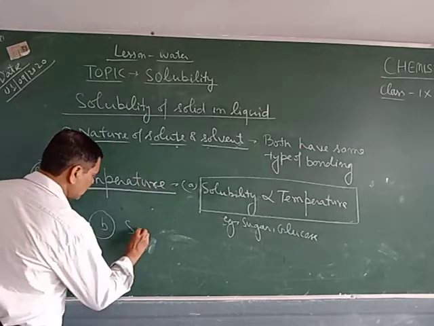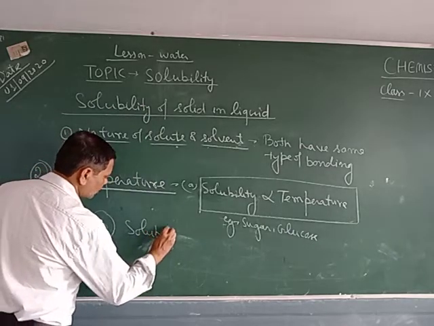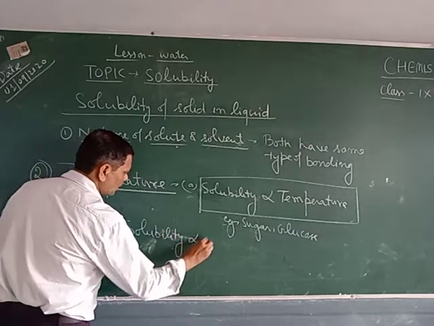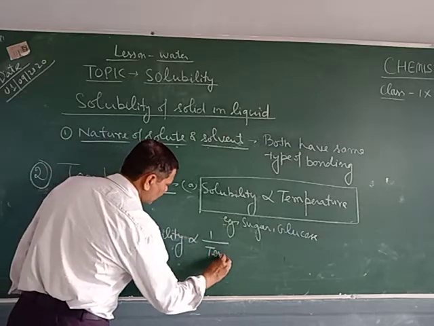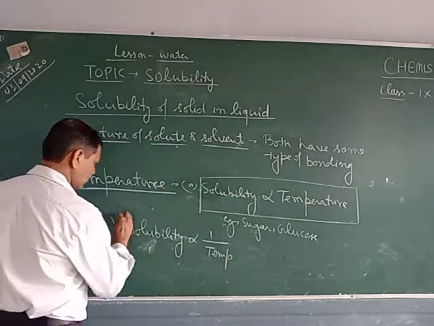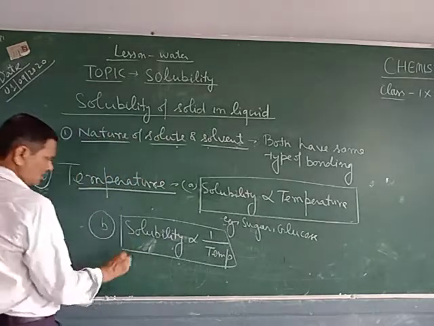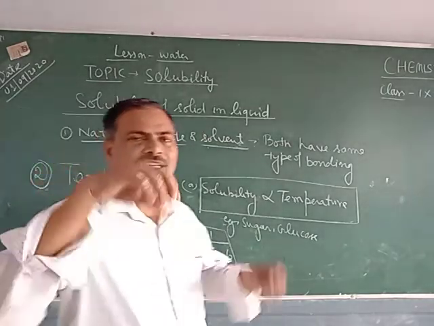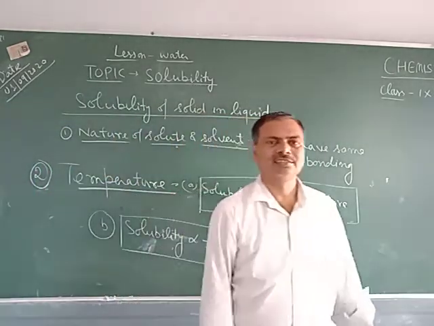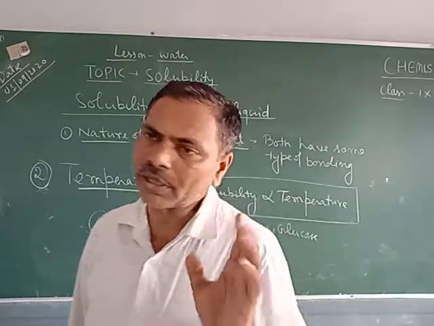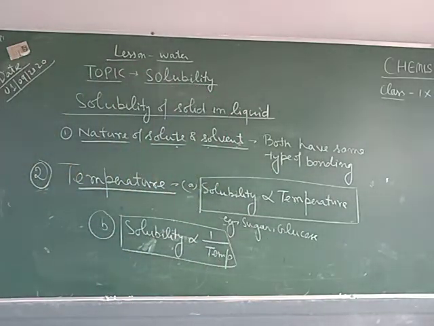In some substances, solubility is inversely proportional to temperature. When the temperature is increased, their solubility is decreased. For example, sodium hydroxide, calcium hydroxide.